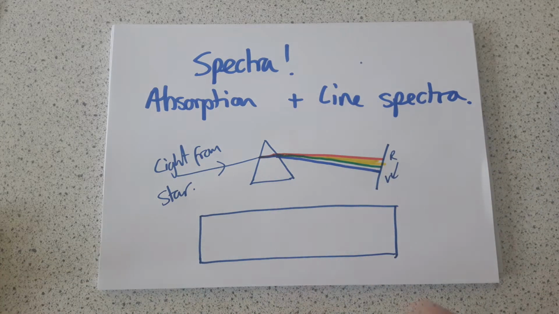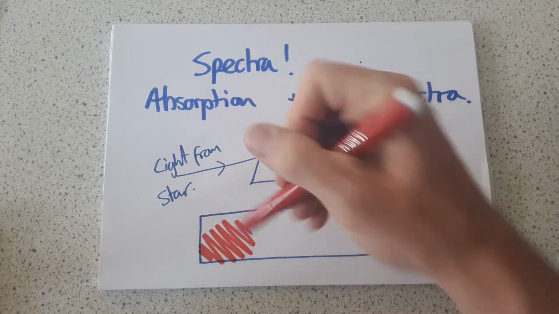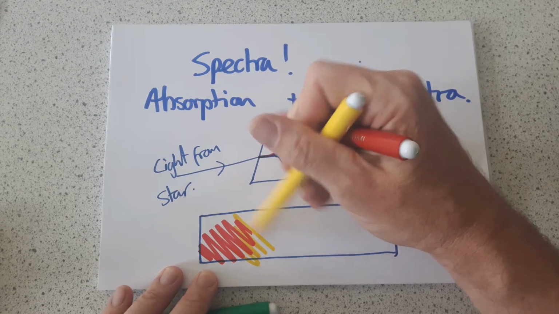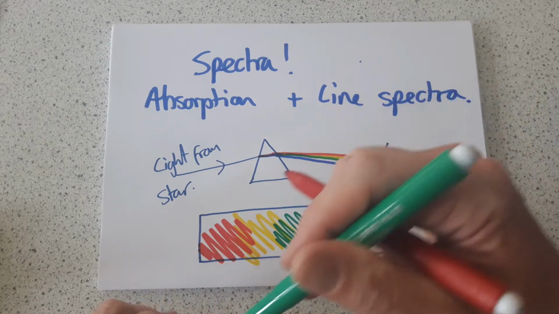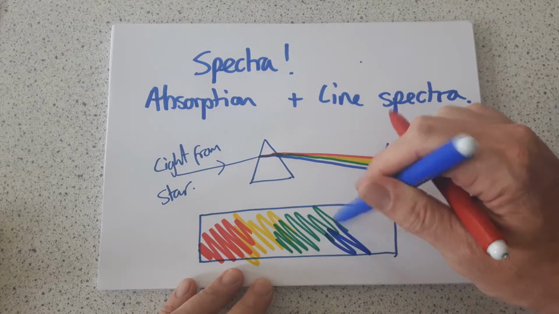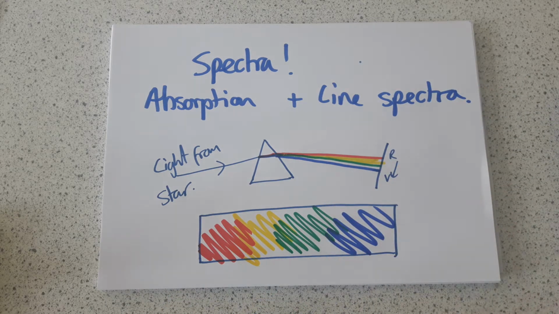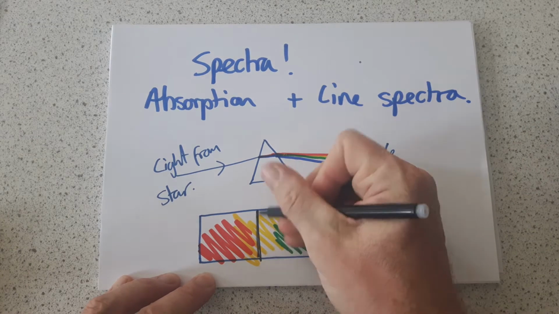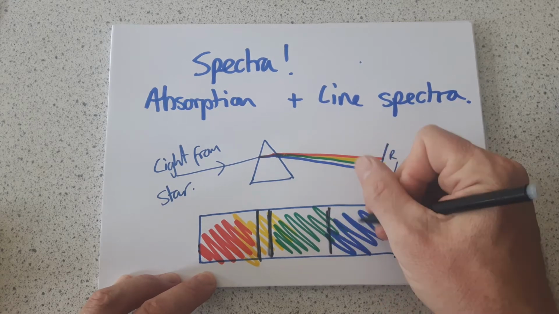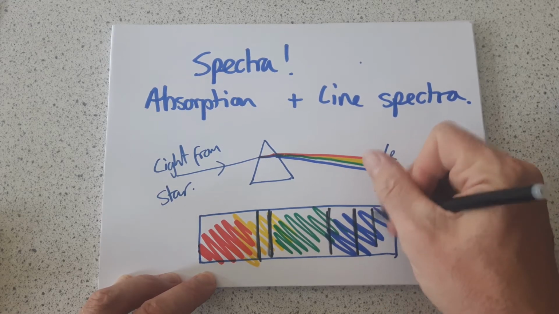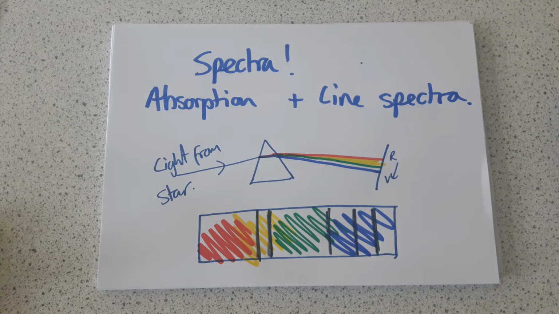So within the red, orange, yellow, green and blue, what we actually have are bits that appear to be missing. And these bits that appear to be missing are called absorption spectra. So I'm drawing these black lines that are superimposed.